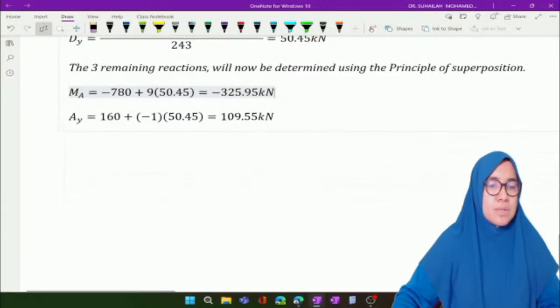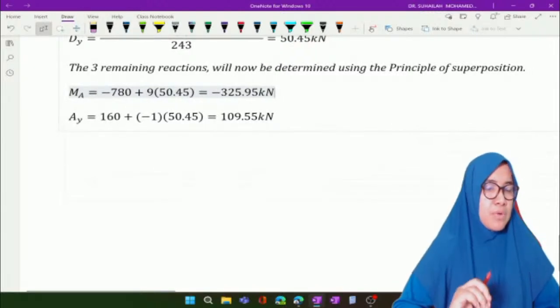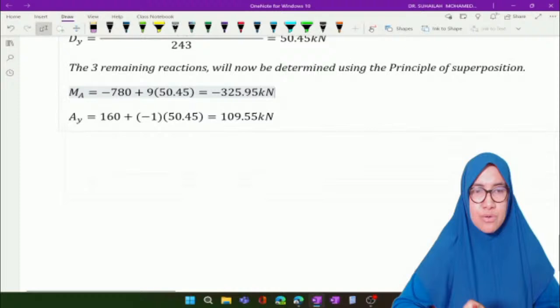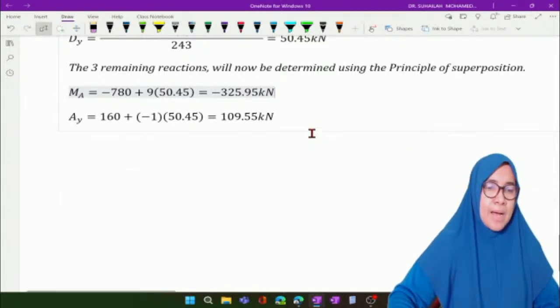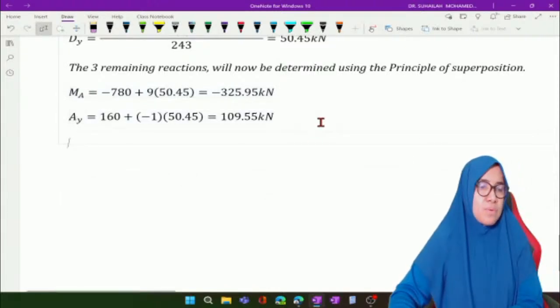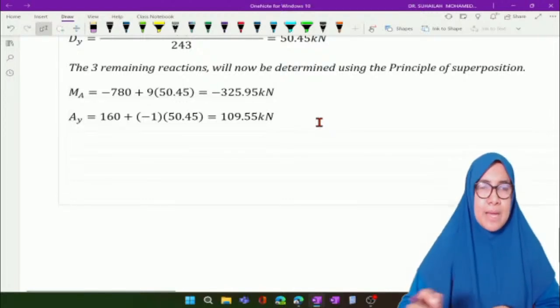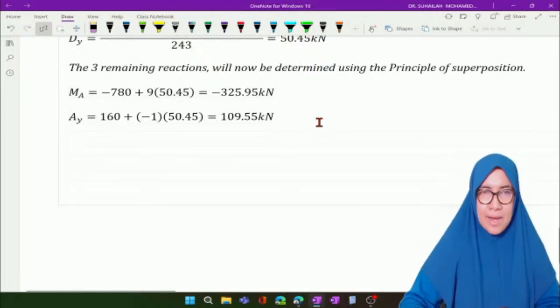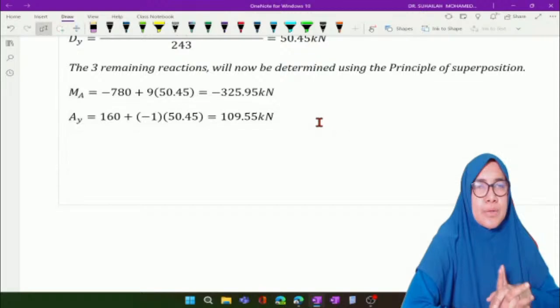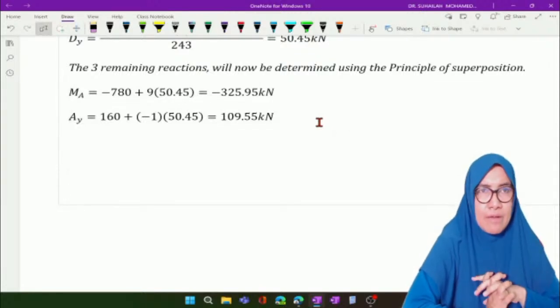So now we have got all four unknown reactions, and by having all these four, we can continue to draw the shear force diagram and bending moment diagram. You can write your question in the comment section if you have.